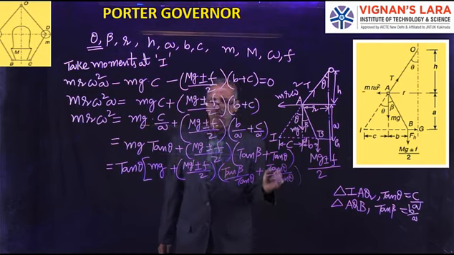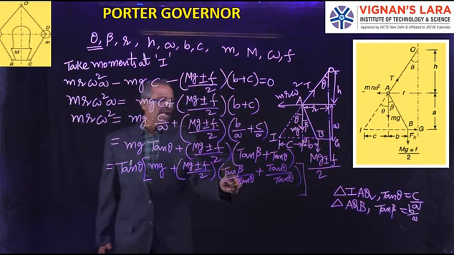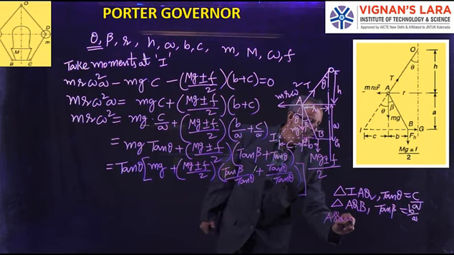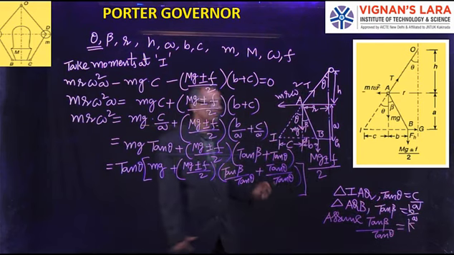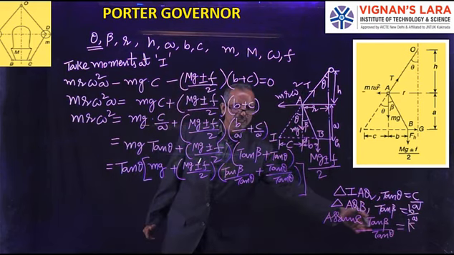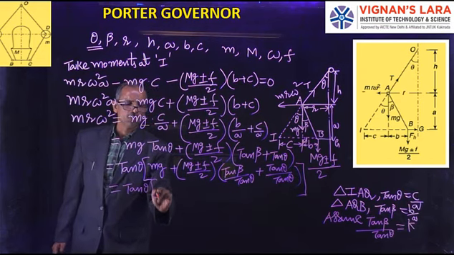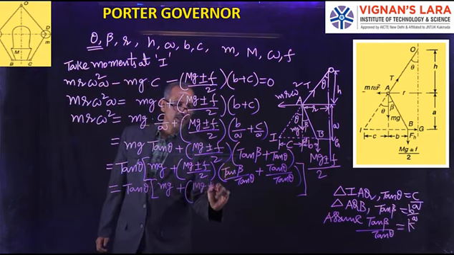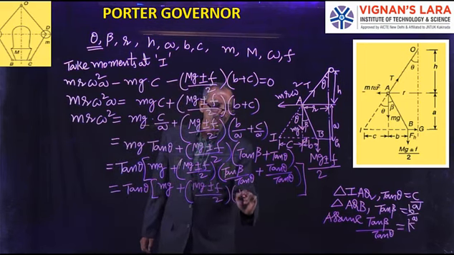So this becomes 1. I assume tan β by tan θ as K. Then it becomes tan θ into (mg ± F/2) into (1 + K), or (K + 1).